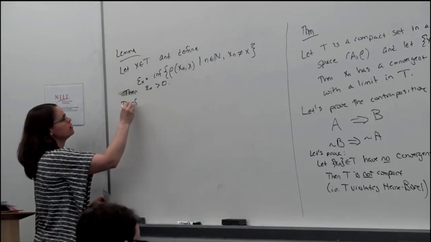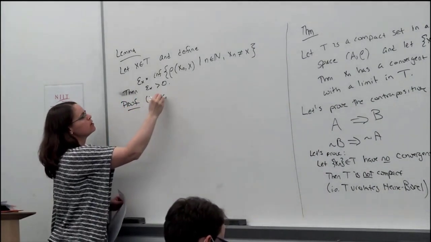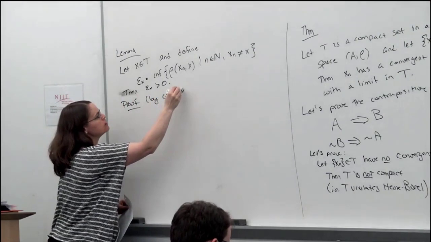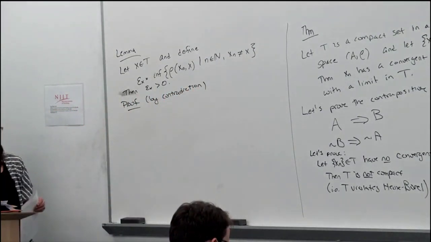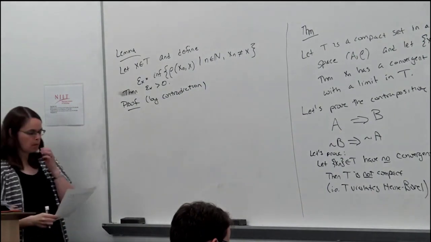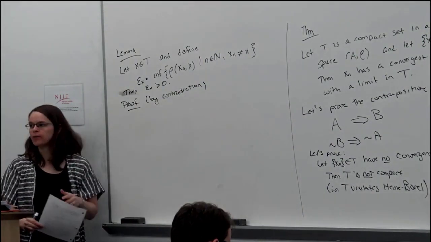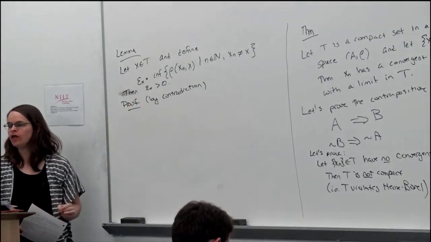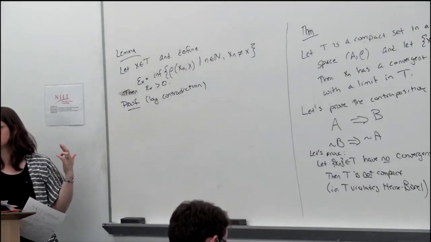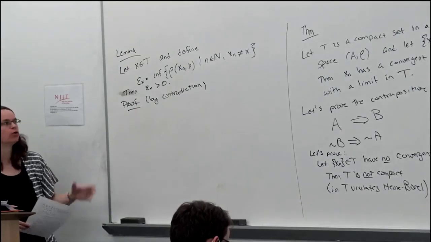Okay, so let's do a little proof of this lemma here. What I'm going to argue is that if this infimum was 0 instead of strictly positive, that would mean I'd have a subsequence that actually converges to x, which we know is not true.